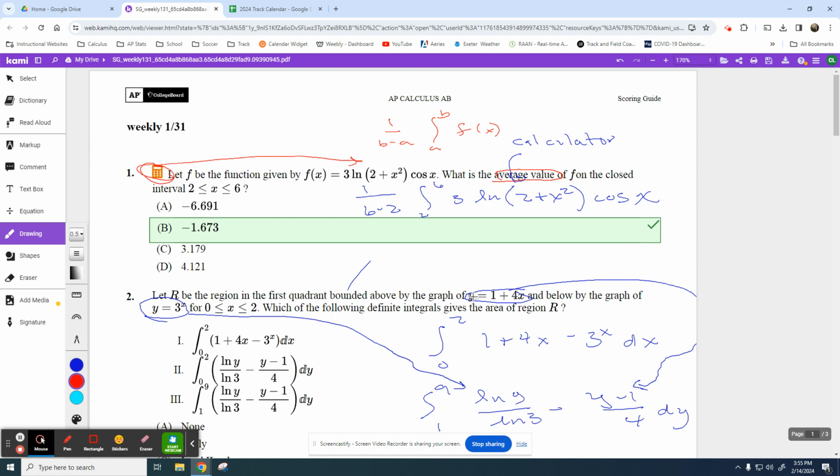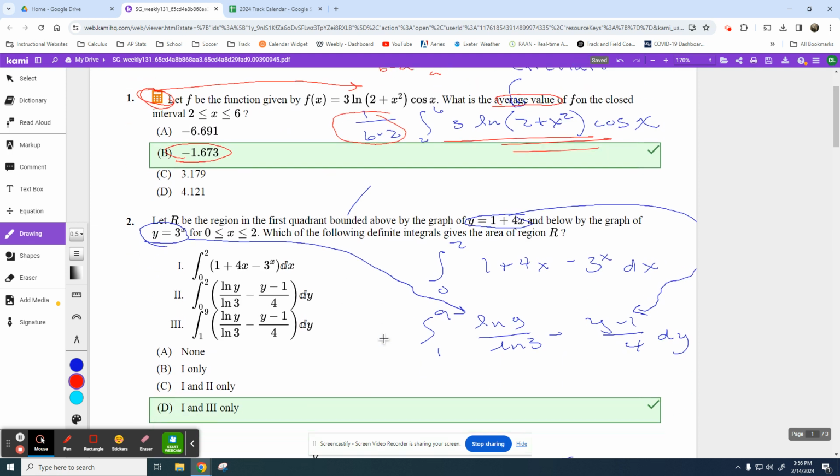So if f of x is this, we set it up as 1 over 6 minus 2, the integral from 2 to 6 of 3 natural log of 2 plus x squared cosine x. This right here gets plugged into your calculator. You can put this whole thing in if you want, and that's what spits this piece out. Don't forget the front piece. That's what everybody forgets on the average value problems.